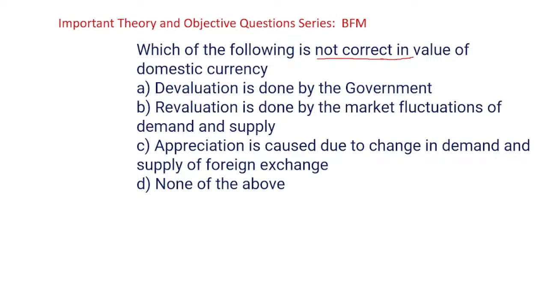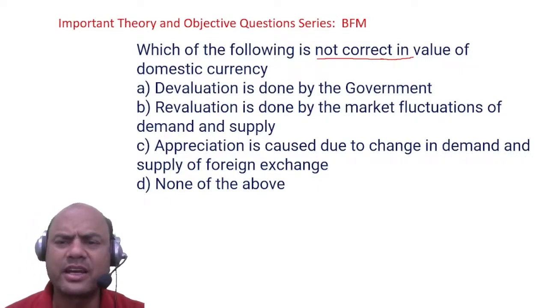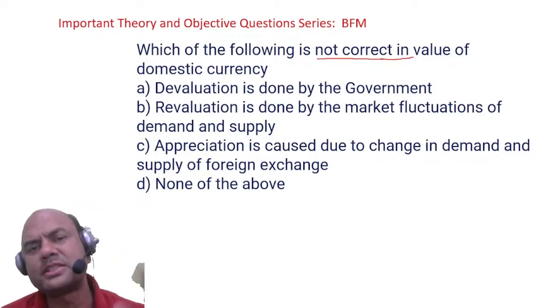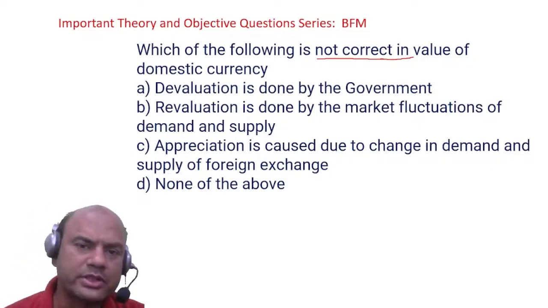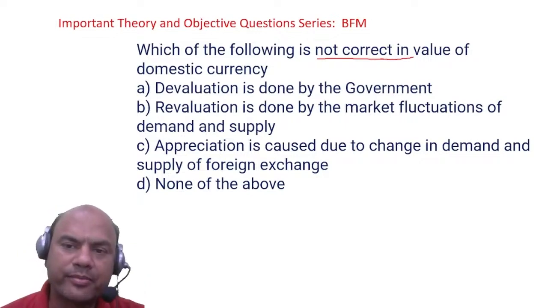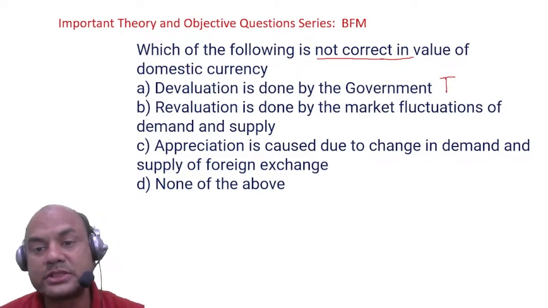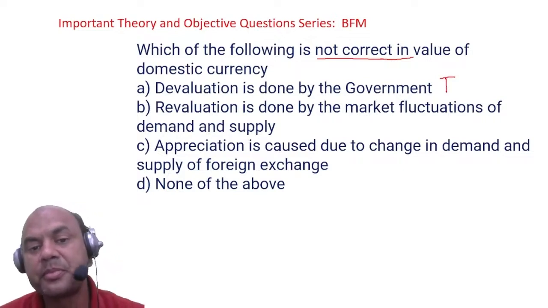What do you mean by not correct? Devaluation is done by the government. Is this correct? What did I tell you just now? Appreciation and depreciation are done by the market forces. Devaluation and revaluation are done by the government. So this is true. But I want false. So this is not the right answer for me.